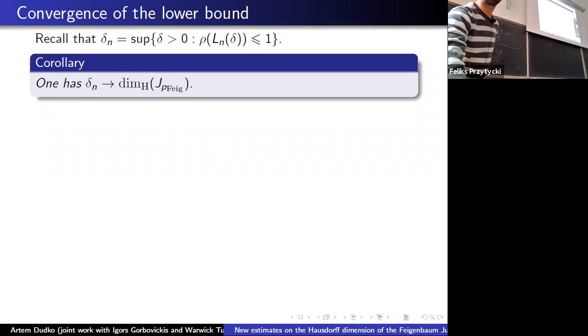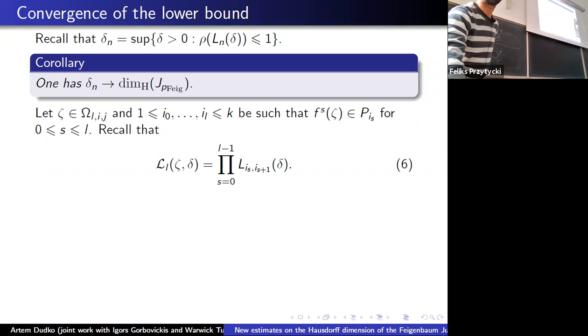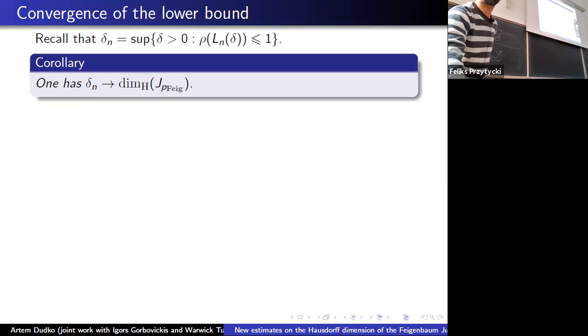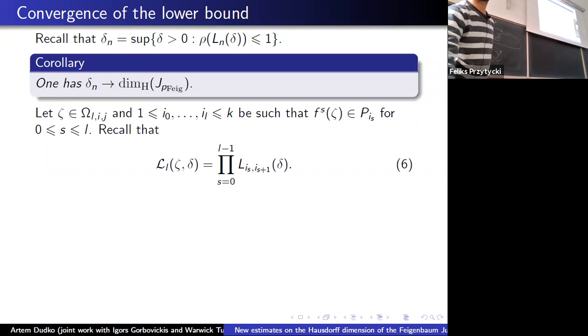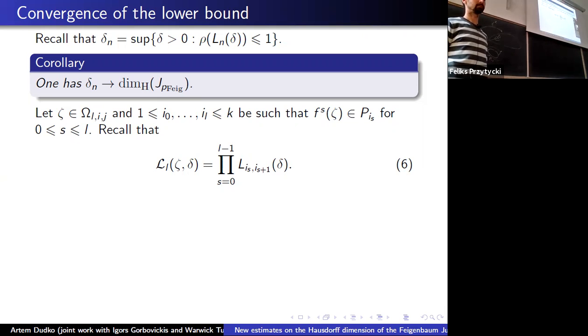And the corollary which we obtain is that delta_n converges to the Hausdorff dimension of the Feigenbaum Julia set. Yes, they coincide.